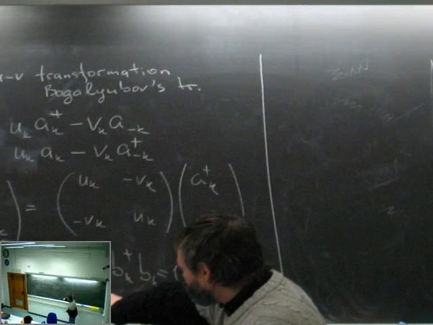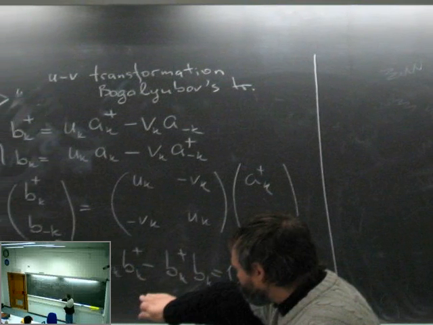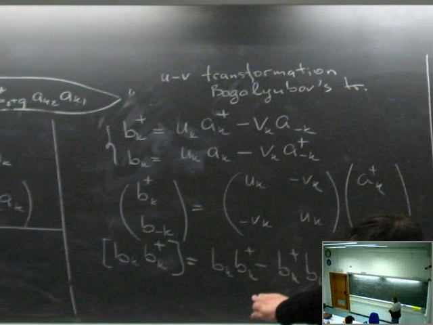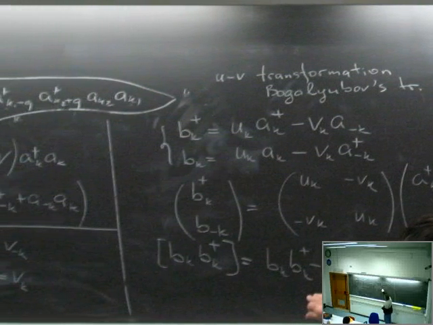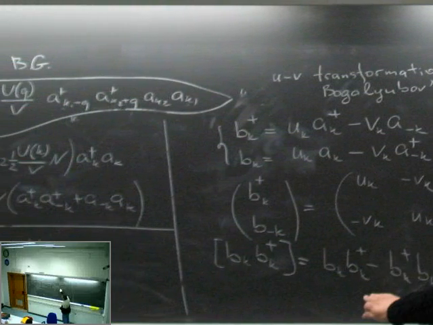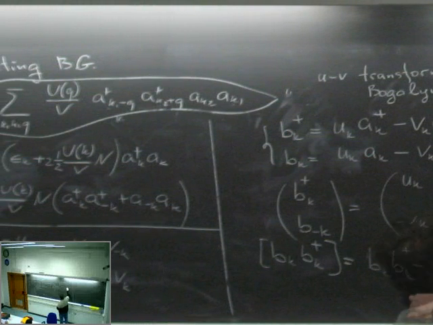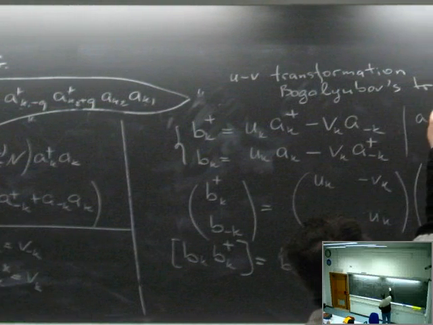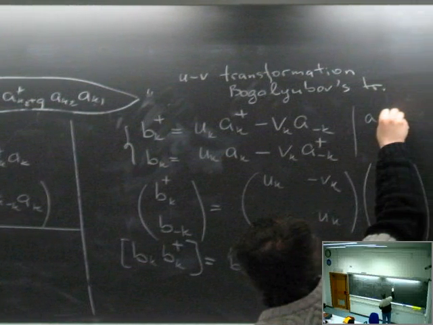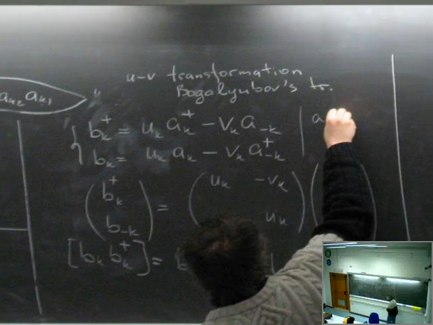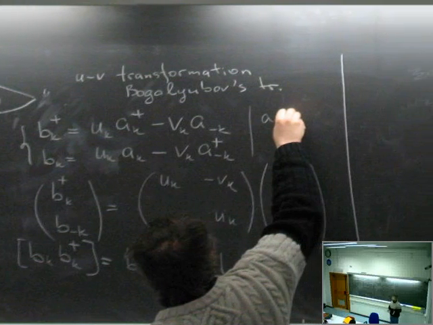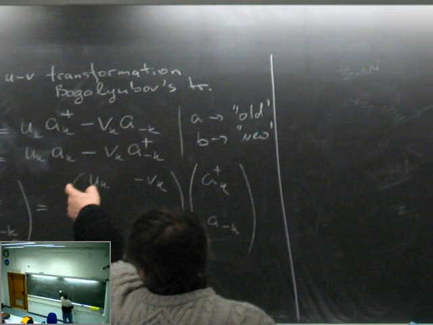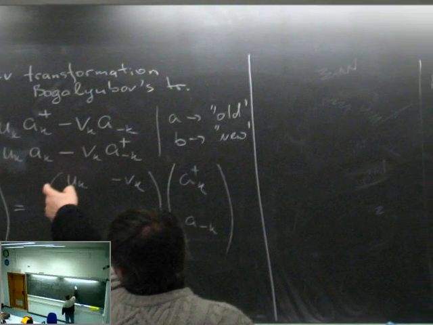Okay, let me now use this postulate that the new quasi-particles have to be bosons as well, and express the new quasi-particles from the old quasi-particles. So a old, b new, and all the old quasi-particles we knew to be bosons. Okay, I'm substituting these two lines into this one.